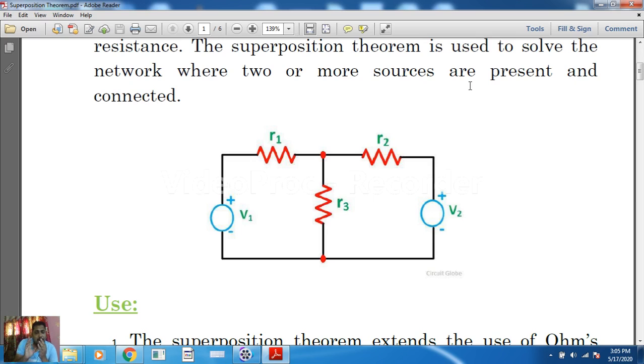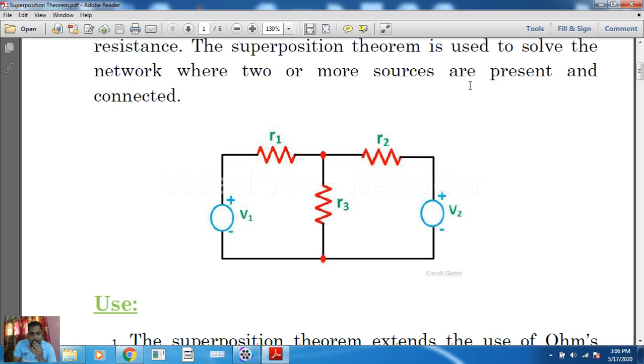Now one thing we should remember: there are two kinds of source in the basic syllabus, independent voltage source and independent current source. For our simplicity, we are considering that the voltage source and current source are ideal.